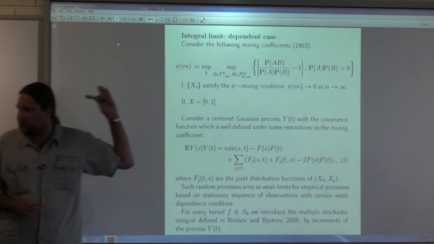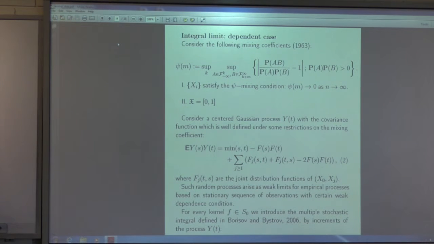Psi mixing, phi mixing, alpha mixing conditions are just different types, some stronger, some weaker, of weak dependency condition. And they mean that if observations are further and further apart in the sequence of observations, then the joint distribution functions are closer and closer in some sense to the product of the distribution functions.